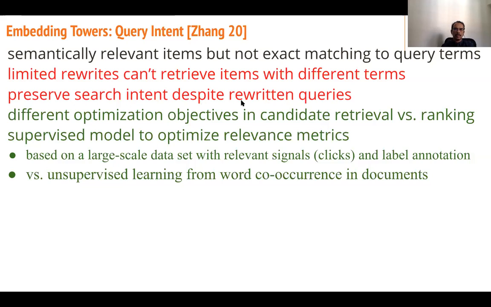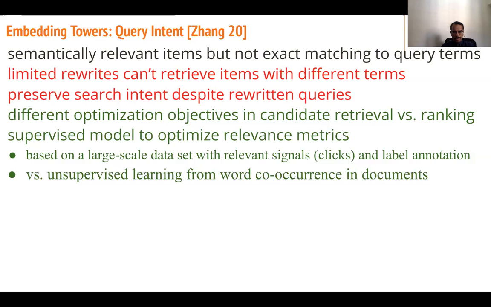So what's the solution overview? Before we go there, there are different optimization objectives in candidate retrieval versus ranking: a supervised model to optimize relevance metrics based on a large-scale dataset with relevance signals, which are clicks and label annotation, versus unsupervised learning from word co-occurrence in documents, as we saw from prior approaches.